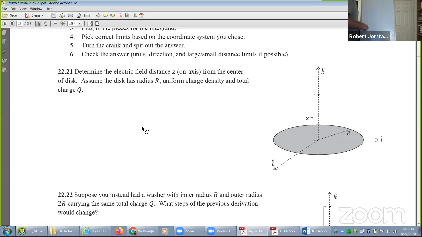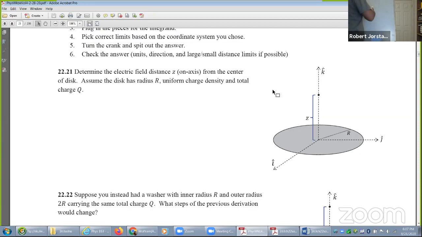I'm just catching up here. So we got a solid disk. It's not a very good looking disk.